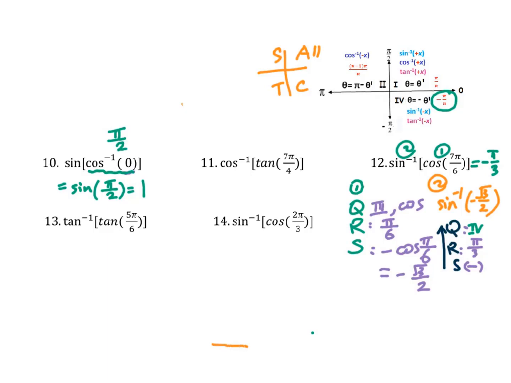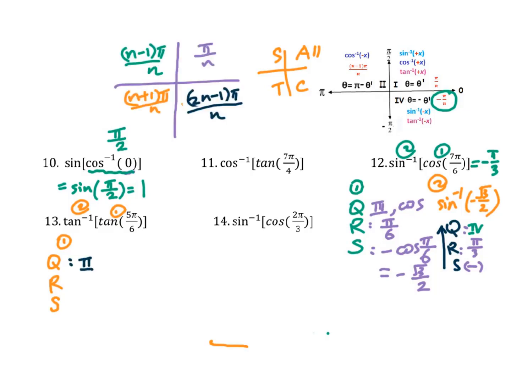For number 13, first step, second step. So for the first step, we go to QRS. 5 pi over 6, that is the second quadrant. How to decide the quadrant? This is the pattern. So we have 6 minus 1 pi over 6.